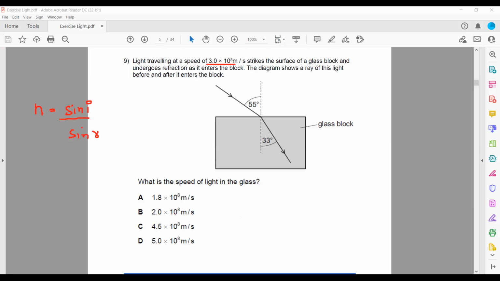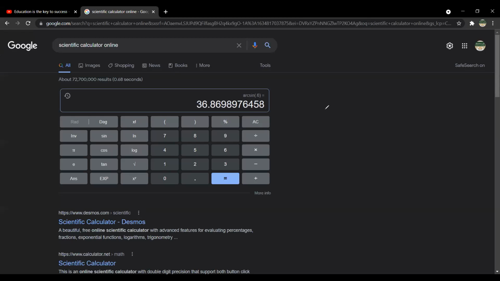55 and 33. So we have to find the refractive index. The refractive index is equal to sine 55 divided by sine 33. So sine 55 is 0.81, divided by sine 33.